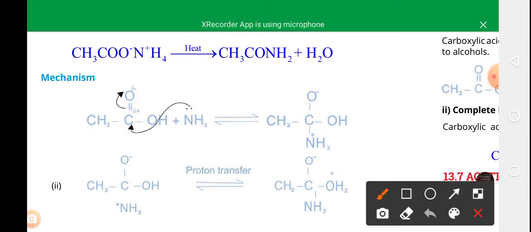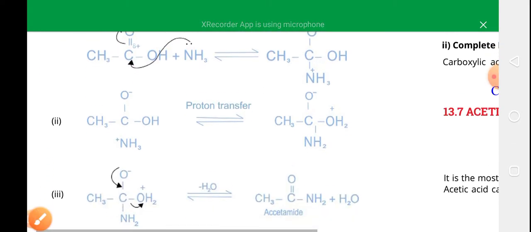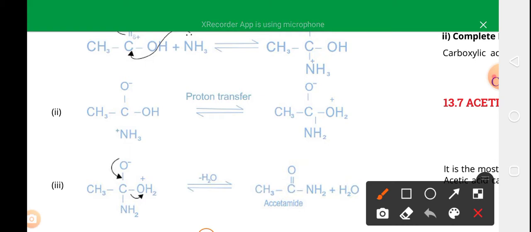Now see the mechanism. Ammonia acts as a nucleophile. One bond breaks in favor of oxygen. There is a positive charge on nitrogen and negative on oxygen. Then proton transfer takes place. Attach a bond between carbon and positive nitrogen.